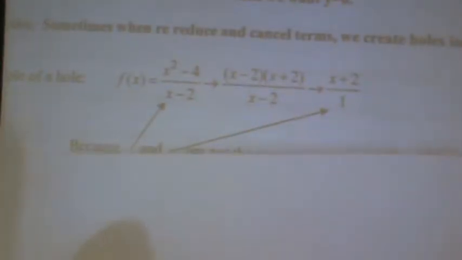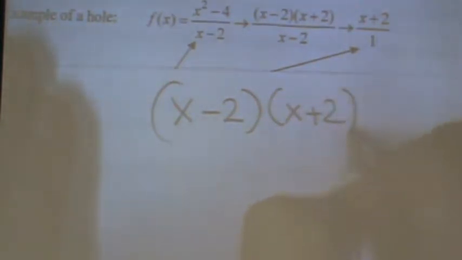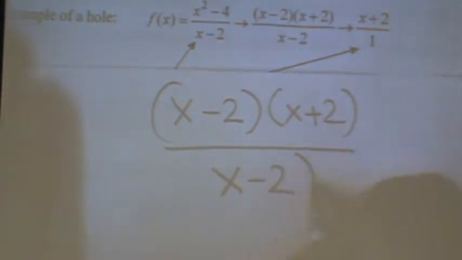If this happens, where you factor your rational function, so this one, you got x squared minus 4. So they factor x minus 2, x plus 2. Now normally you have an asymptote at x equals 2, right? But if I cancel those out, what happened to the x equals 2?